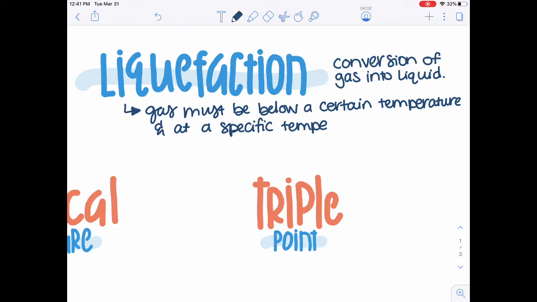The temperature and the pressure needed to liquefy a gas changes when we talk about different gases.